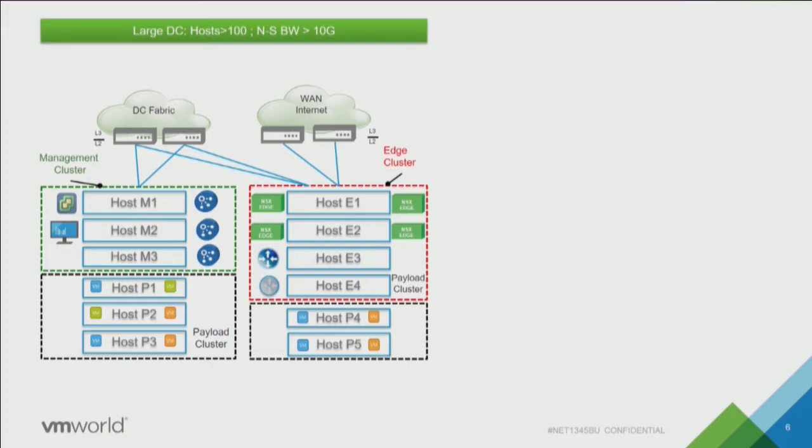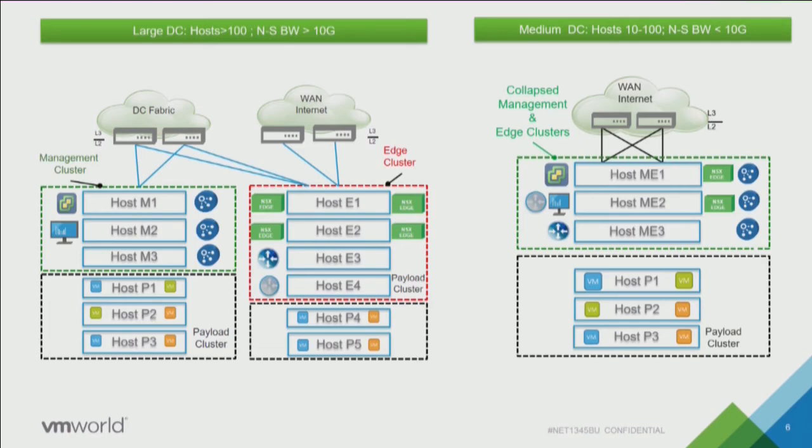And then you have your compute cluster, right? So there are separate clusters in a large data center because you have so many hosts. And typically in a large data center, what I have seen is that you would have greater than 100 ESXi hosts, thousands of virtual machines, and your bandwidth requirements are more than 10 gig. So definitely you need to design it accordingly based on the requirements that you have.